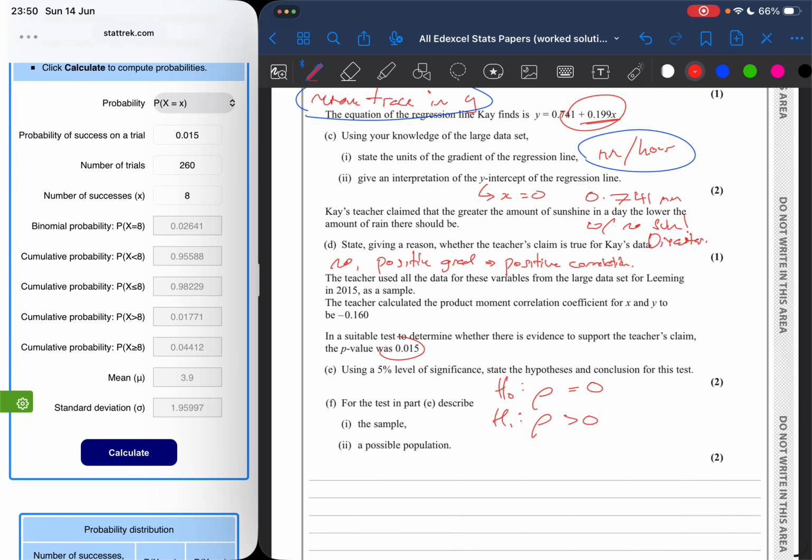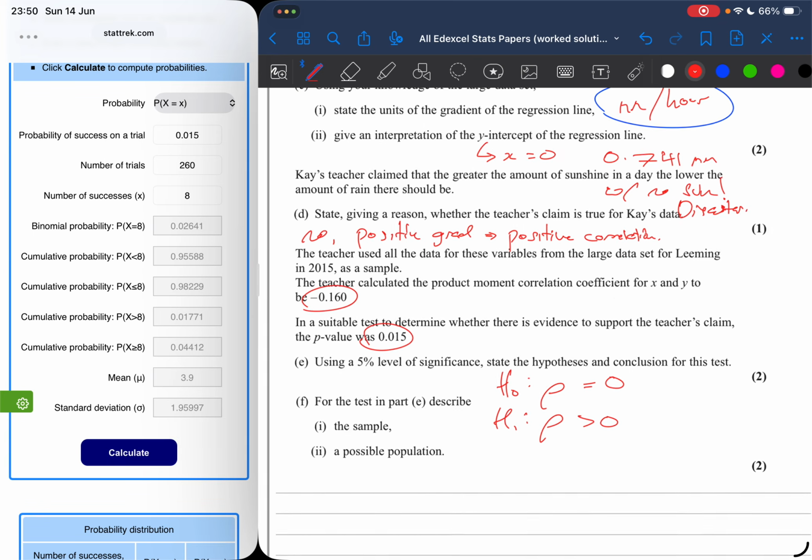Let's circle our numbers to make it a bit clearer. This value and this value, and the 5%. This number has been used to calculate this number alongside the sample. So this number and the sample size has been used to calculate this number.